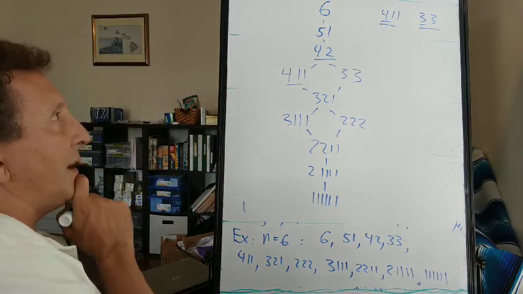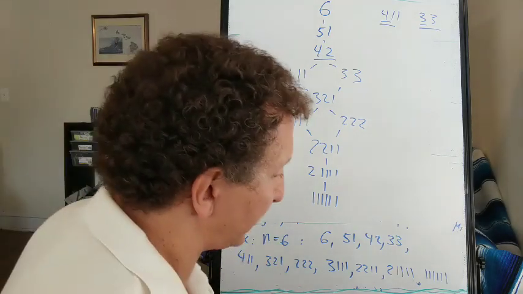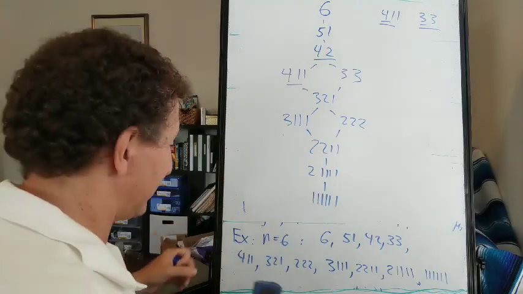Now, one convenient way to picture a partition is to use dots to represent the integers.